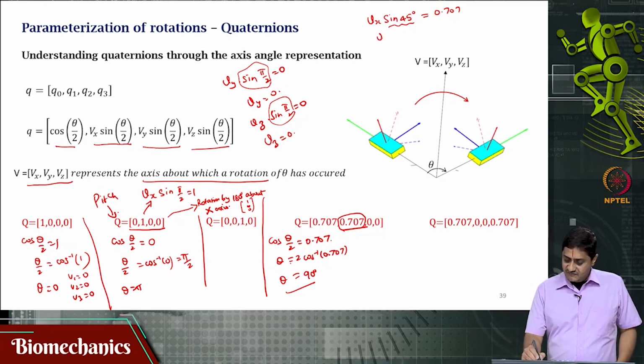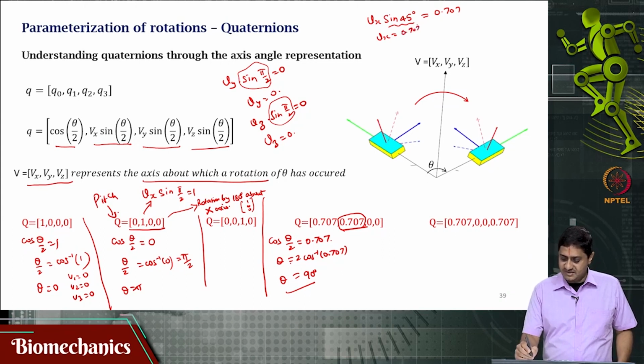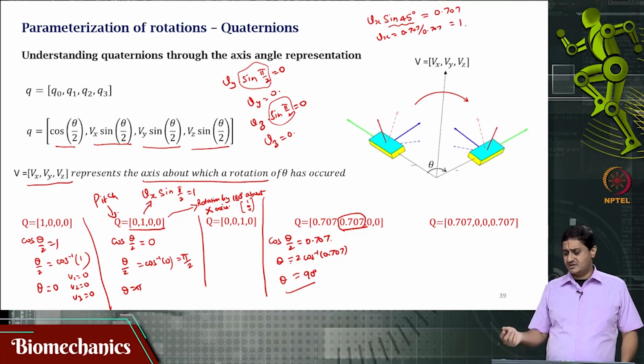This will give me Vx as 0.707 by sin 45, so 1.